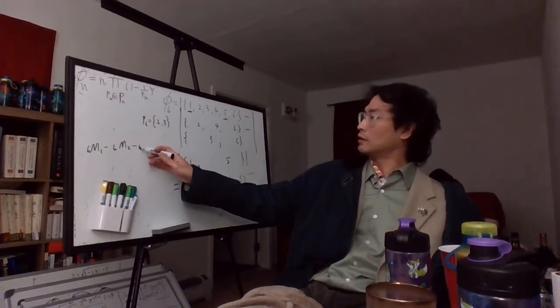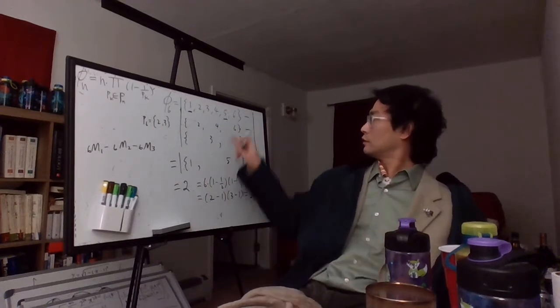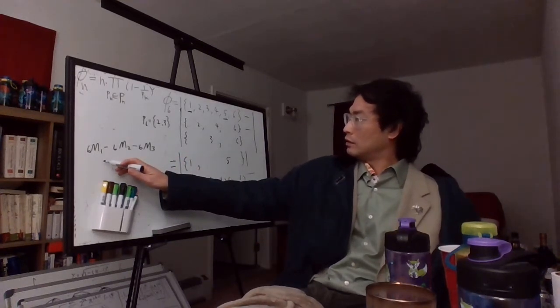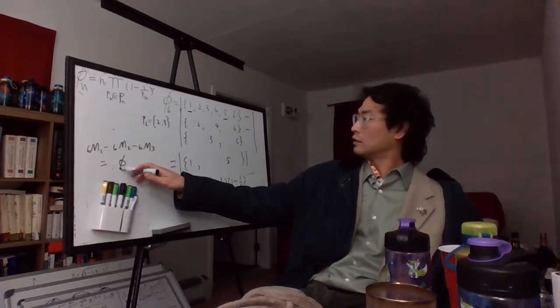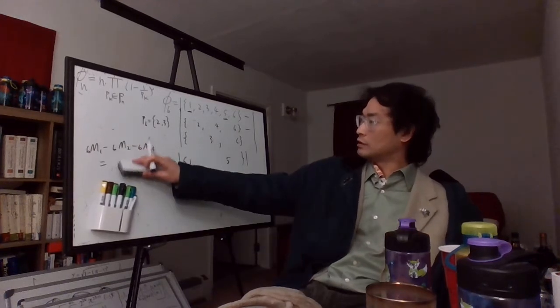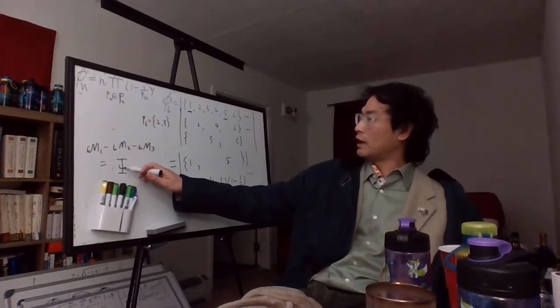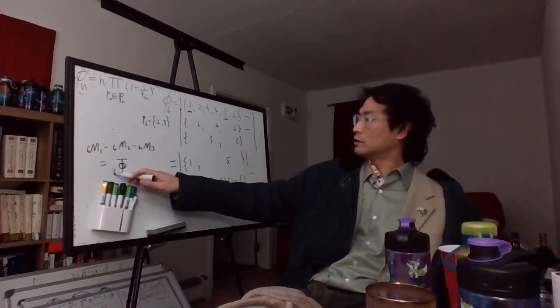And then you subtract 6m3, and what's left is, let's say, phi. Well, it's a set, so we gotta use the capital character. Phi of 6.